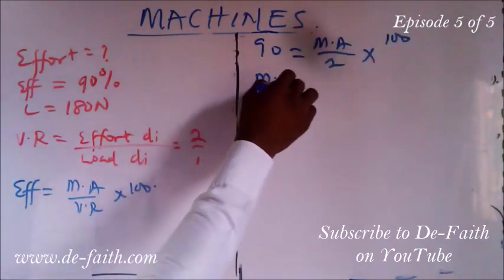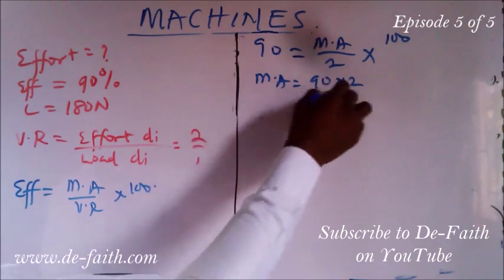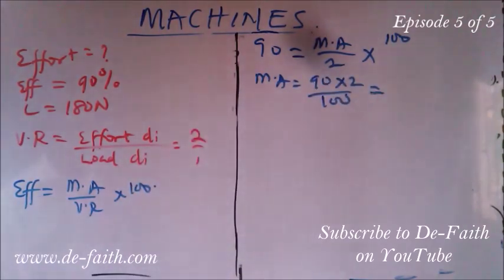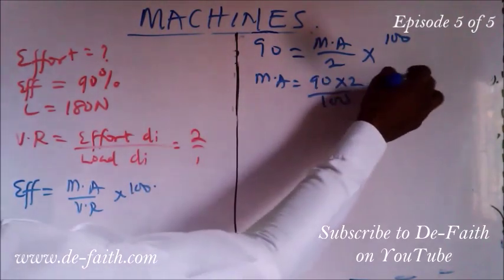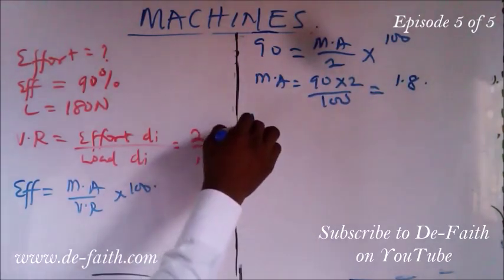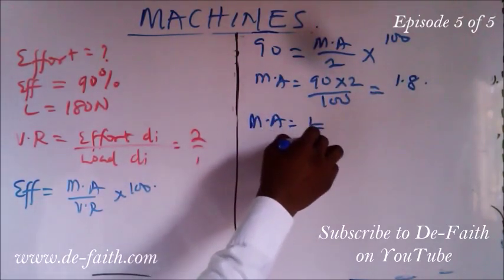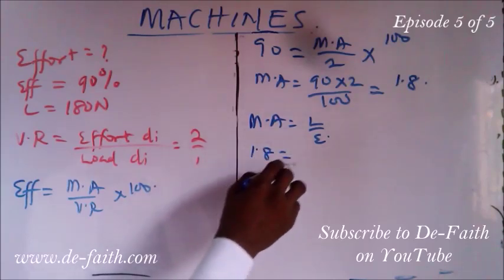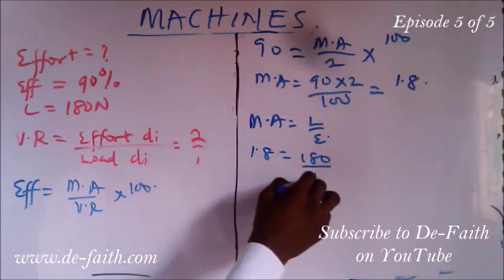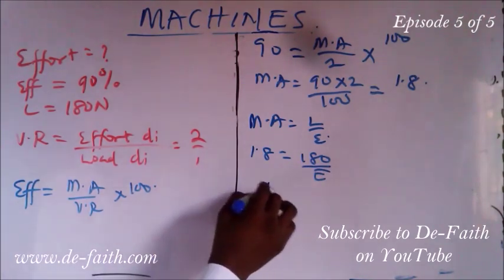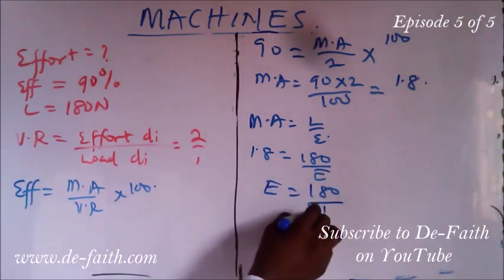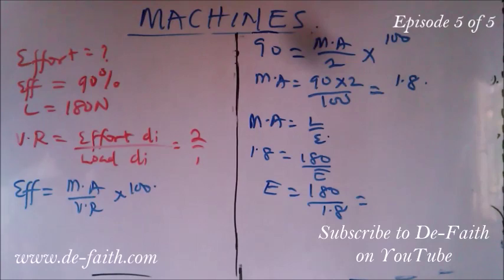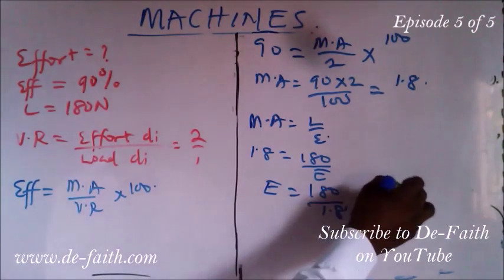Making mechanical advantage the subject, we have 90 times 2 over 100, and we will be left with 1.8 as the mechanical advantage. Then next, mechanical advantage equals load over effort. Mechanical advantage is 1.8, load is 180 over effort. So effort equals 180 over 1.8, and that will leave us with 100 Newton.